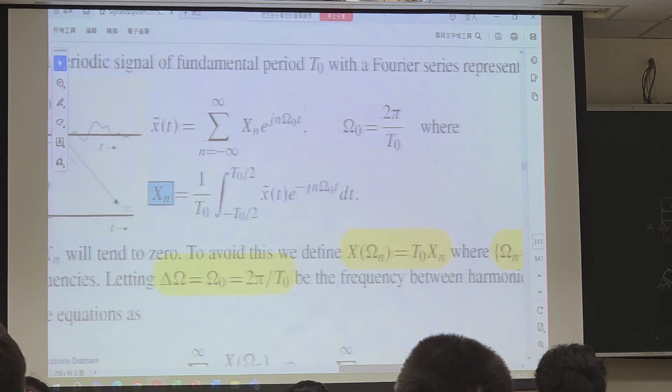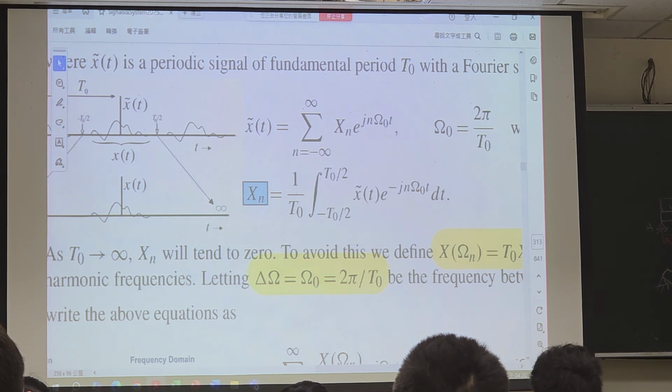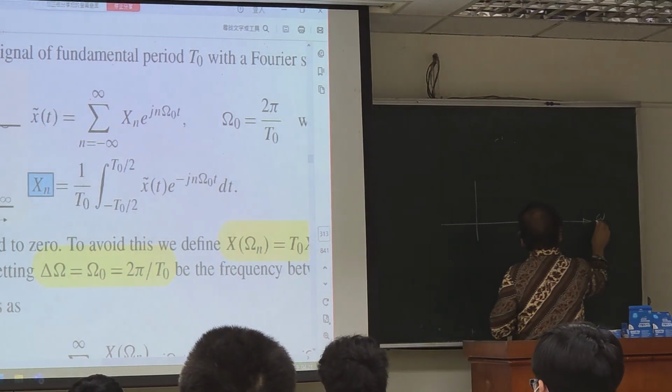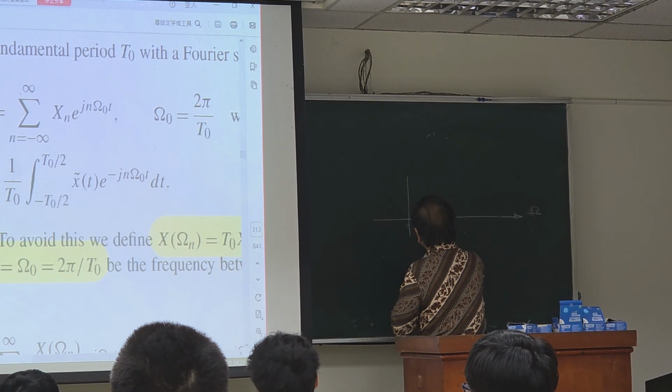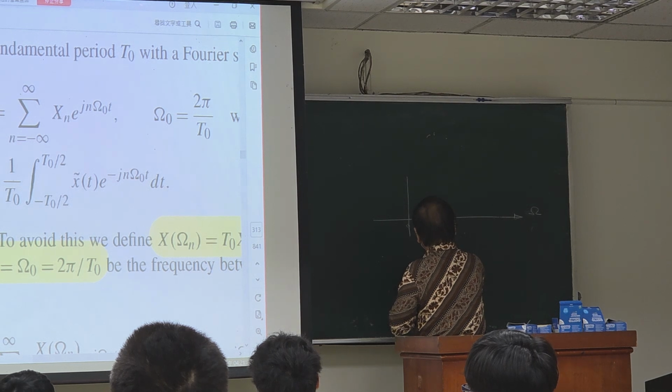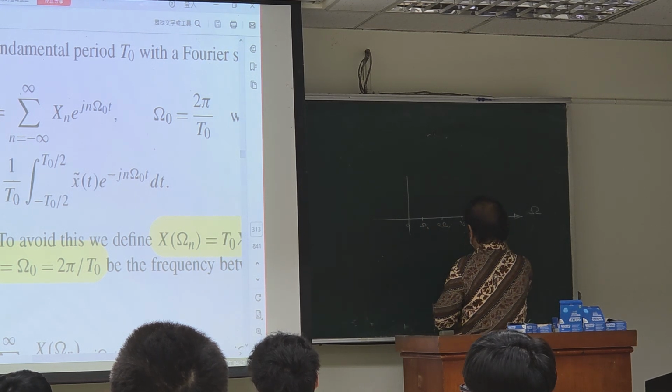And the frequency initially is discrete frequencies: 0, 1 omega 0, 2 omega 0, 3 omega 0, and so on and so forth.